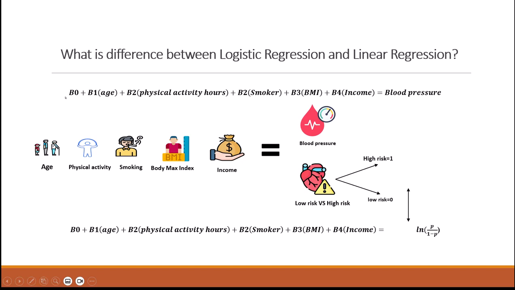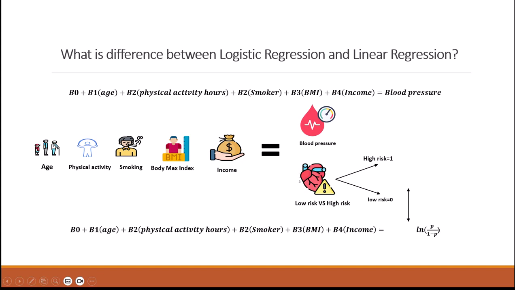As I explained in the linear regression video, we used a formula which includes the intercept and the predictors with their corresponding coefficients to find the best line and best model for a regression problem and predict the values of blood pressure, which is a numeric and continuous value.